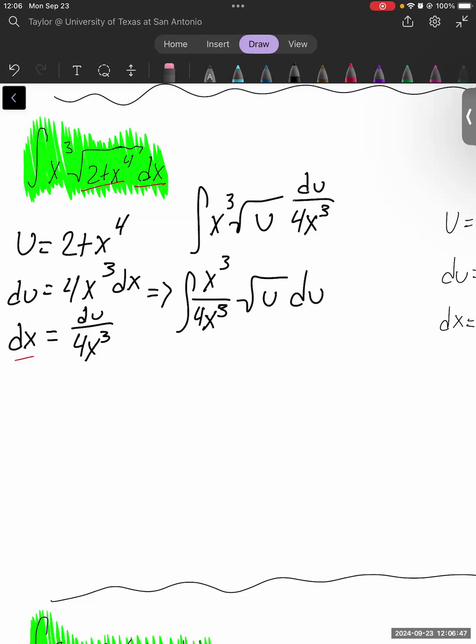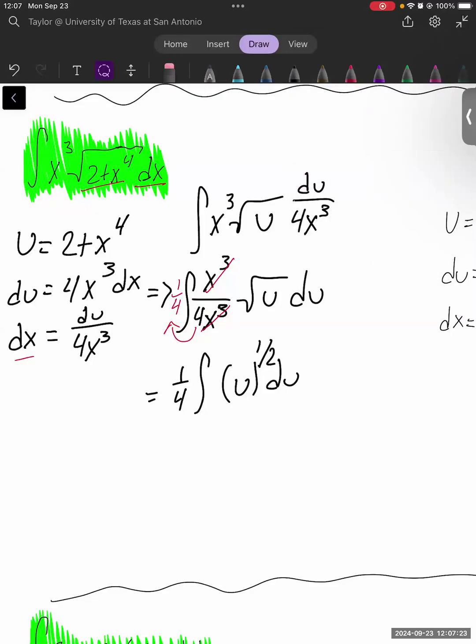All right, so then we can cancel these terms. And then I'm going to move this outside, making this 1/4. So then we get 1/4 integral of square root of u du. All right, so what's the next step here? I'm gonna go ahead and evaluate this integral.